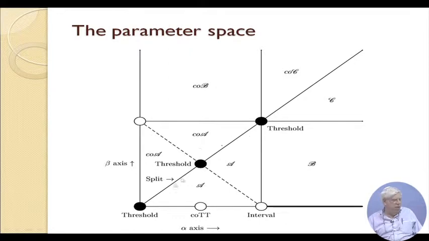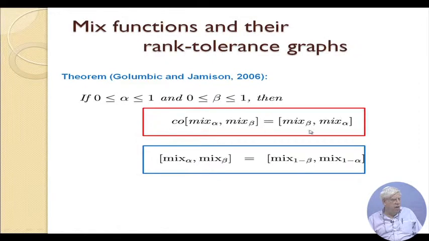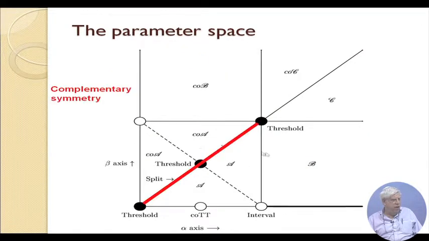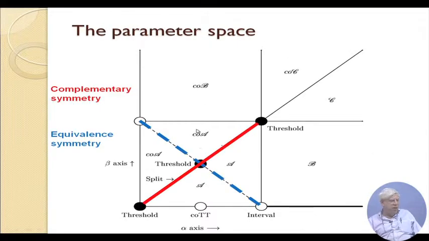And you get threshold on these 3 points, but those previous boxed equations, red and blue, what do they mean? It means that I have complementary symmetry on those diagonals and equivalence on the blue diagonal. So what else does that mean?